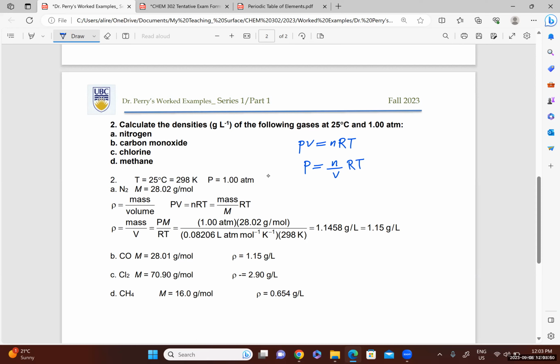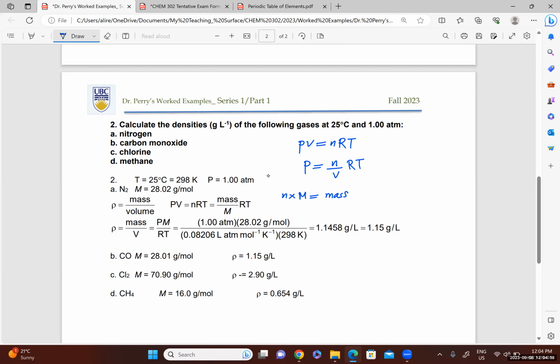We want mass over volume, because then we can replace it by density. Okay, how to do that? We can use the relationship between the number of moles and mass. The number of moles multiplied by molecular mass, which we show by capital M here, is going to give us the mass.